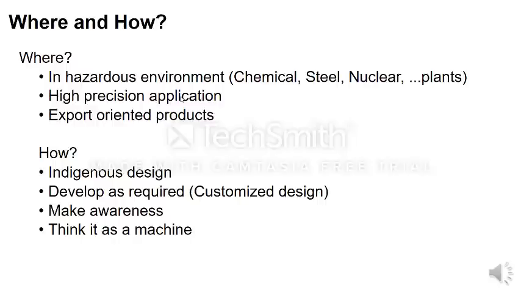If you want to export goods to any country, you need precision components, so we have to use robots. How? We can use indigenous design, develop customized designs, make awareness, think of it as a mission. We have to get insight to design the robots to our need and to export to the world market. It is the need of the hour.